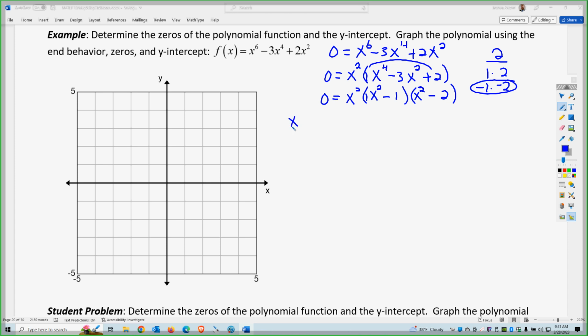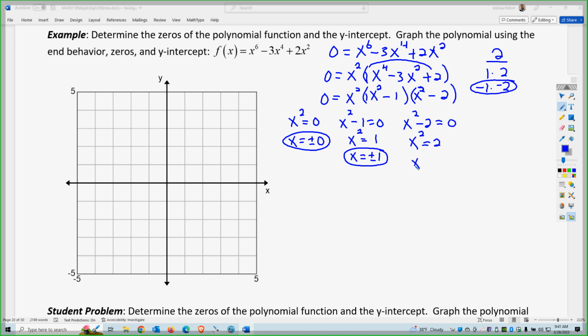So x squared is 0, x squared minus 1 is 0, and x squared minus 2 is 0. So x equals plus or minus 0 when you square root. X squared equals 1, or x equals plus or minus 1 when you square root. X squared equals 2, or x equals plus or minus root 2.